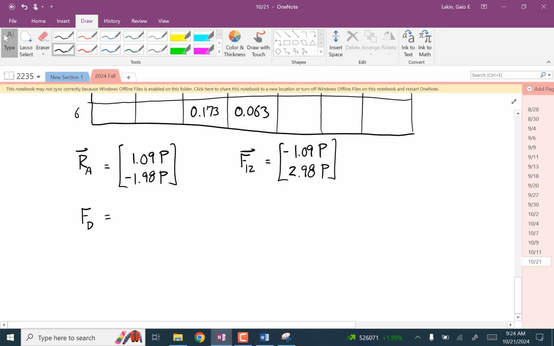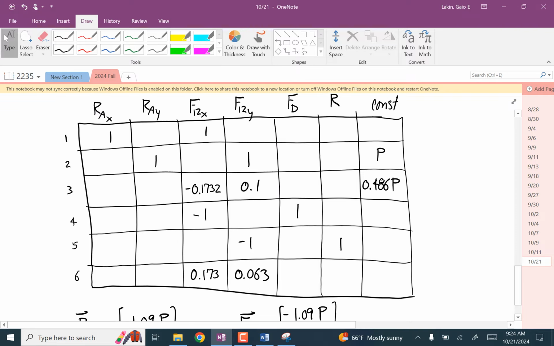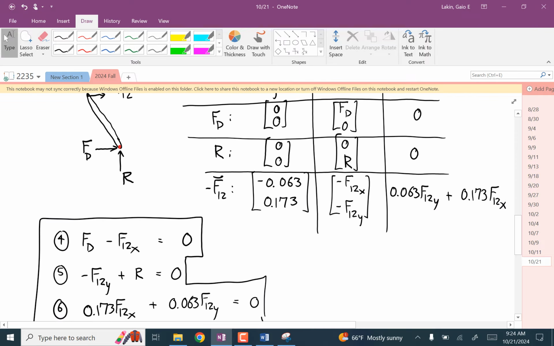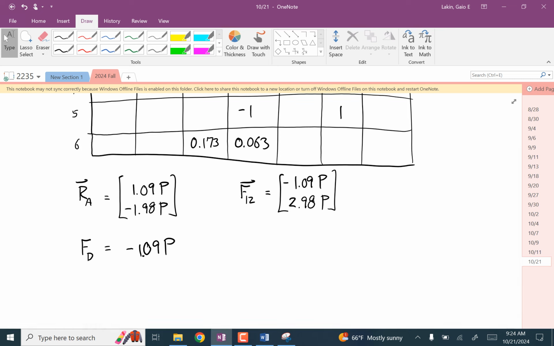And then FD, this is the one we're trying to calculate, I got negative 1.09 p. And then my R is the one that I'm trying to calculate, and that is 2.98 p.